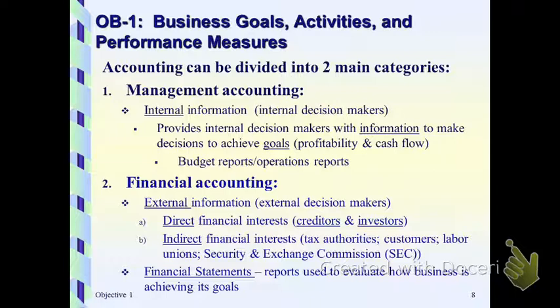Those that have a financial interest, such as creditors or investors, those would be direct financial interests, as well as indirect financial interests, such as taxing authorities, maybe labor unions, the Securities and Exchange Commission, where every publicly held company has to provide their financial information. Customers might be interested in this information as well.